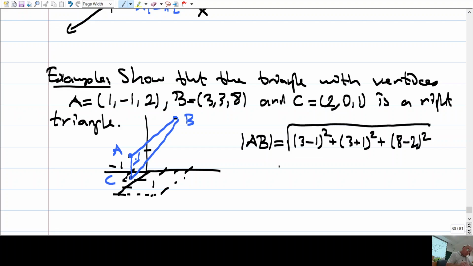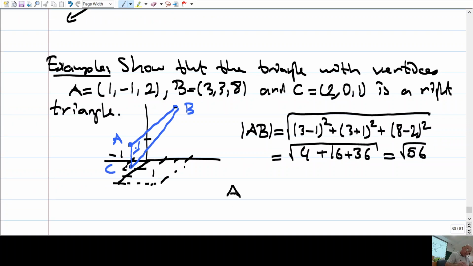So 4, 16, 36. So this is 56. Square root of 56.